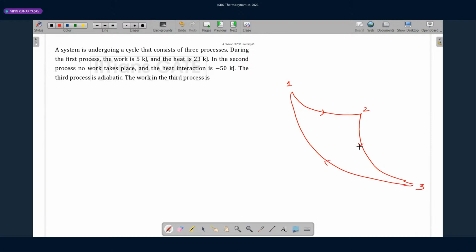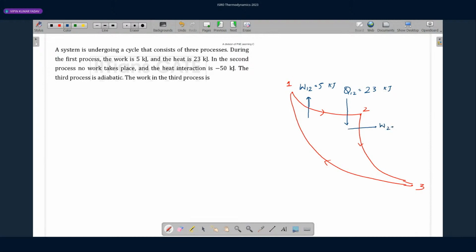Now during the first process, work is 5 kilojoule. That means work out, because it is positive, it means it is work output. So work 1 to 2 is 5 kilojoule, and heat is positive. That means Q1 to 2 is equal to 23 kilojoule. In the second process, no work done takes place.